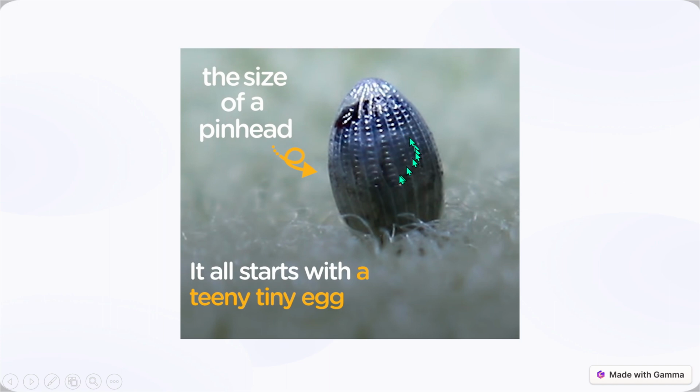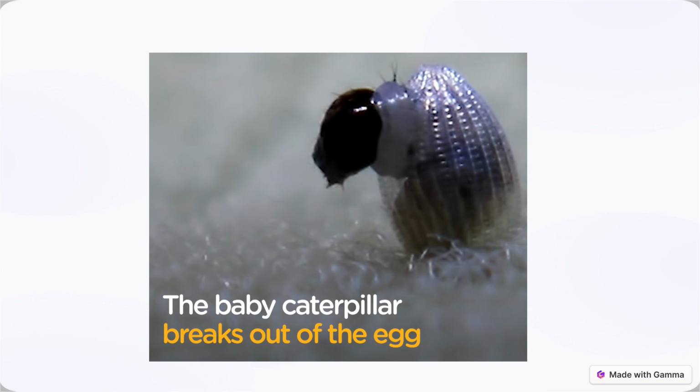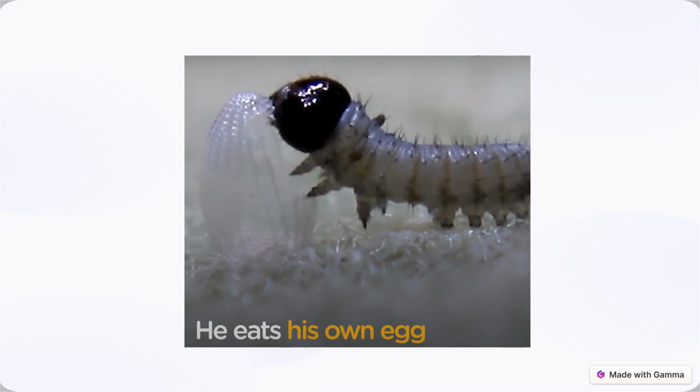The caterpillar's life starts with an egg, a teeny egg, and you see how he is struggling to get out. That caterpillar becomes a butterfly. So the baby caterpillar will struggle to break the egg, and once the egg is broken and he comes out, he will feel very hungry.